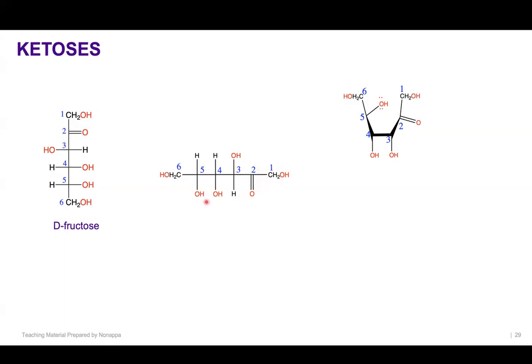So now if you think that the hydroxyl group from 5, which is here, has to attack, then we expect to form a 5-membered ring. But it is also possible that this hydroxyl group, this is why I asked, can attack and form a 6-membered ring. Now, already you can imagine that when you have this, we expect 2 isomers, alpha and beta. Here also we expect 2 isomers. That means multiple forms of sugar will coexist when you dissolve fructose in a solution.